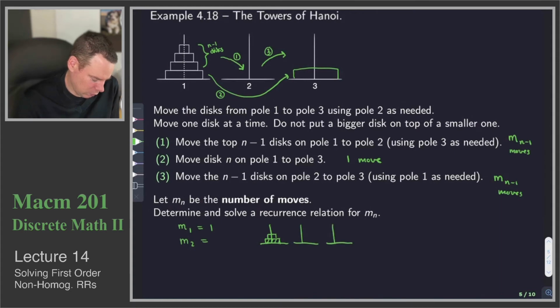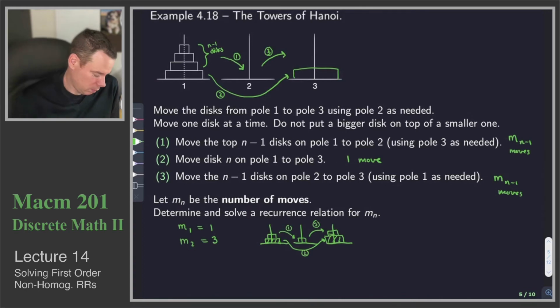I want to figure out how many moves it takes to solve this puzzle. Well, I'll take the small disk and I'll move it here. And then I'll take the large disk and I'll move it over here. So that's move 1, move 2, and then move 3. And we've solved the puzzle. And so that's 3 moves.